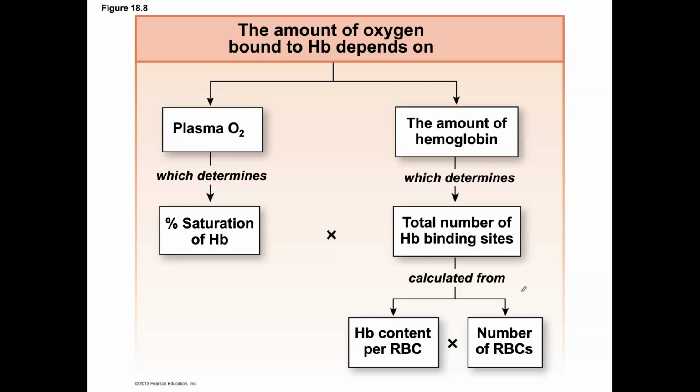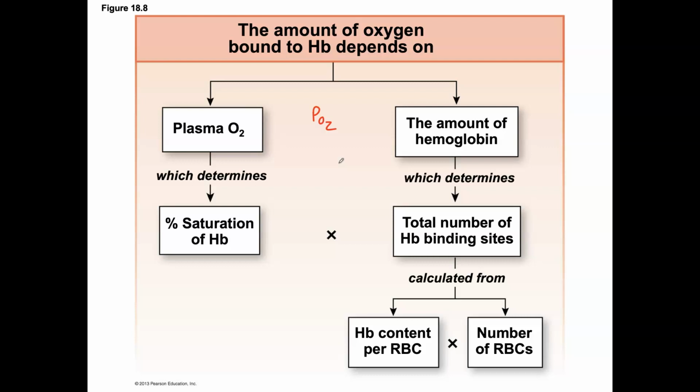So the amount of oxygen that is binding to hemoglobin is really going to depend on the partial pressure of oxygen. So number one, how much oxygen binds to hemoglobin is determined by the partial pressure of oxygen that gets into essentially the arterial plasma, and that's going to affect how much oxygen is available to bind to hemoglobin.